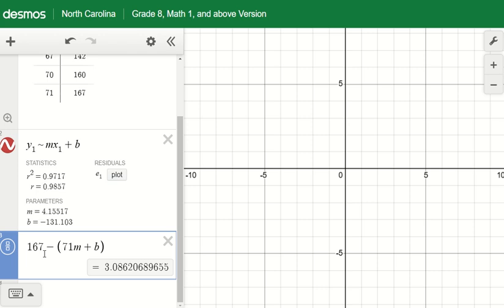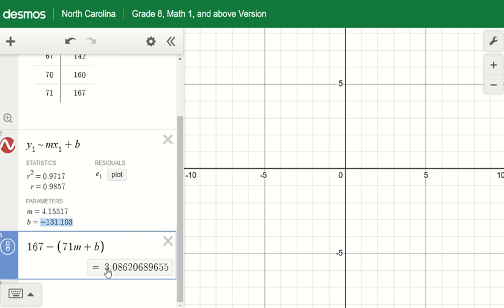What you can do to make sure it's exact, on another row on Desmos, put the actual value minus whatever the x value is, m plus b. Everybody see how that works? What it did is it took the whole m, didn't round, and did the same thing for the b, didn't round.